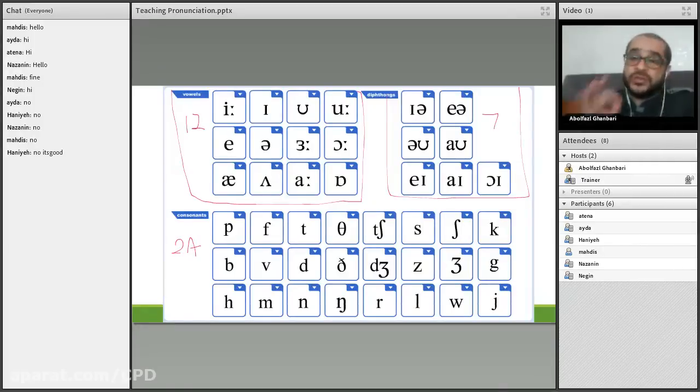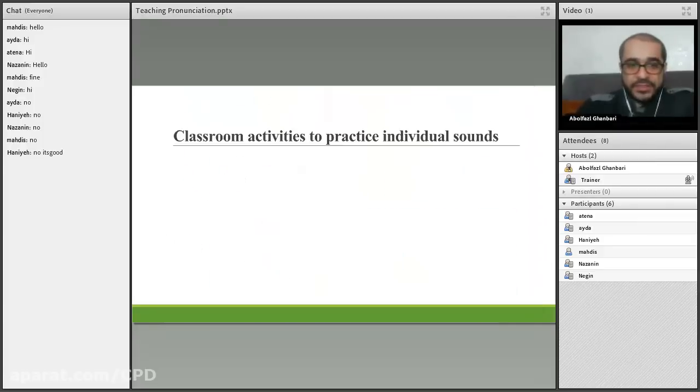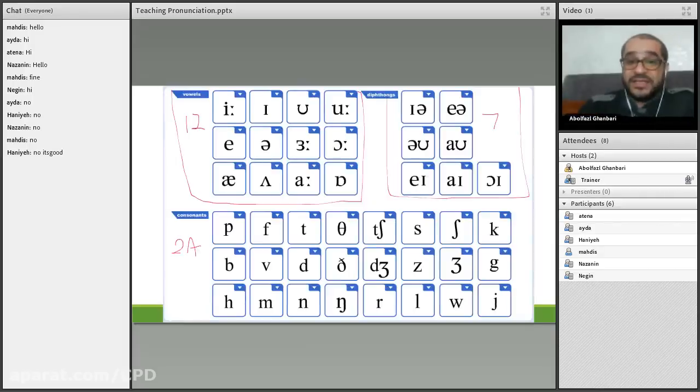This is what we should do in the P part of MFP, in teaching vocabulary, in teaching grammar, and in teaching function. These are the symbols, but we need to know some classroom activities to practice these sounds with the learners.